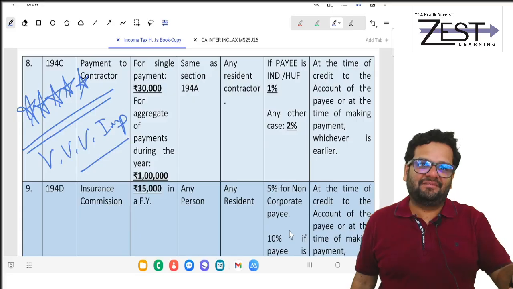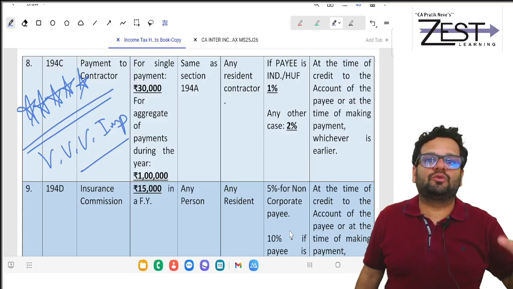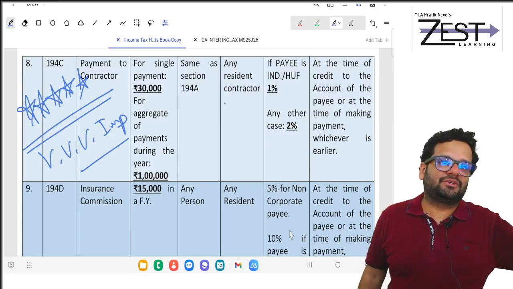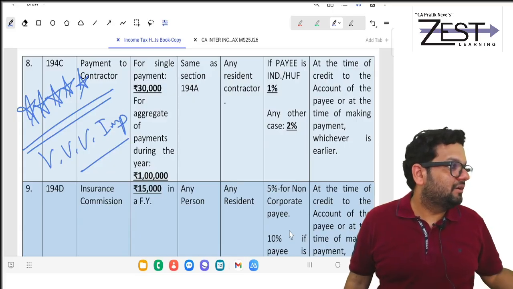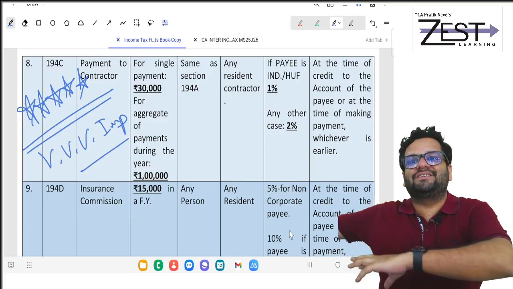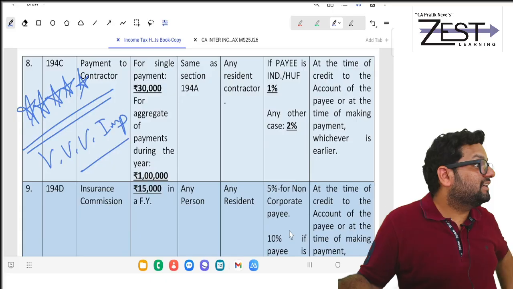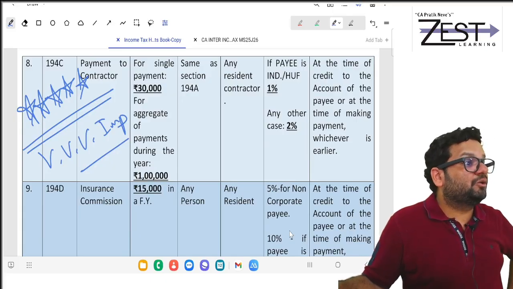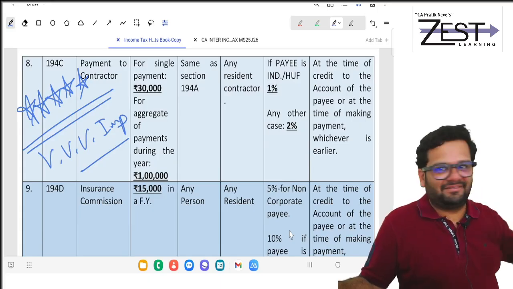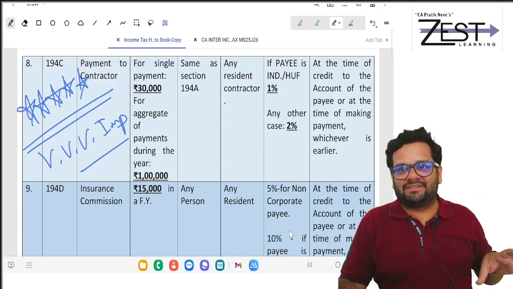For catering. Suppose we decided that from tomorrow, you will not bring tiffins, you will not go outside; we will arrange your lunch. Of course, we will not make lunch here. We will give the contract to an outside agency. Contract. Security agency, contract. Transport agency, contract. So contract is mostly for services.